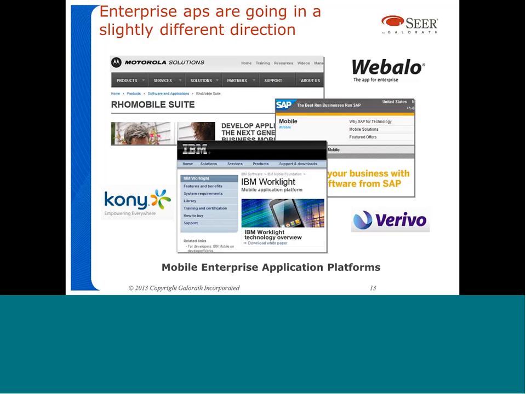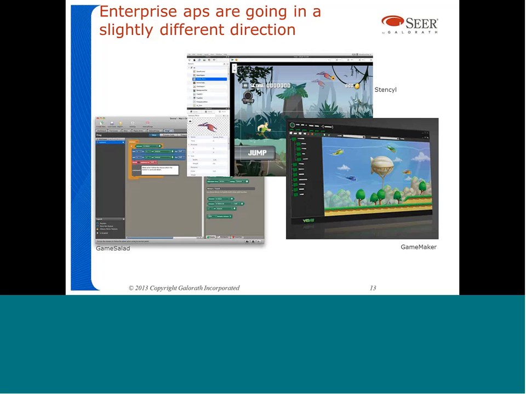There's a tremendous number of relationships. For example, WorkLight takes advantage of PhoneGap, which I introduced on the previous page. And as you research and decide on the approach you want to take, you can see how these things are all related. You know, on this previous slide up here, I'm just going to go back for a second.